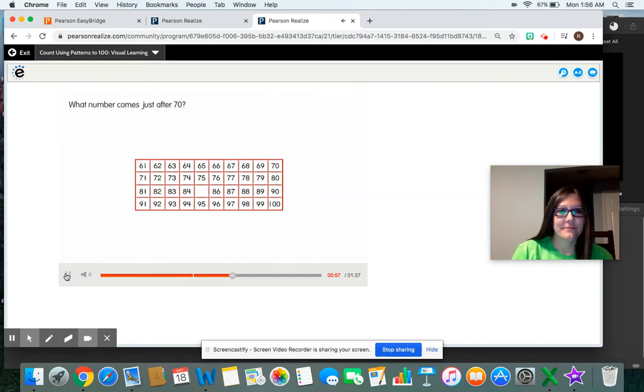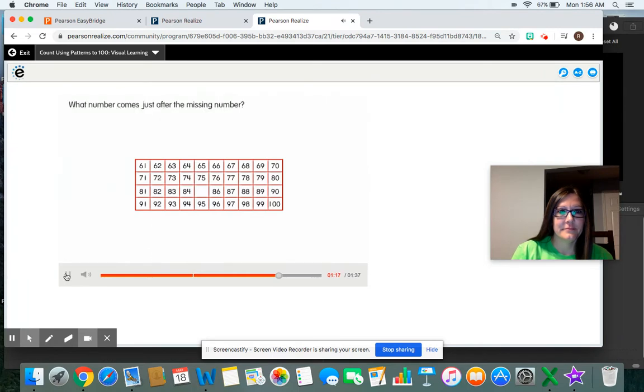What number comes just after 70? 71 comes just after 70. What number comes just before the missing number? 84 comes just before the missing number.